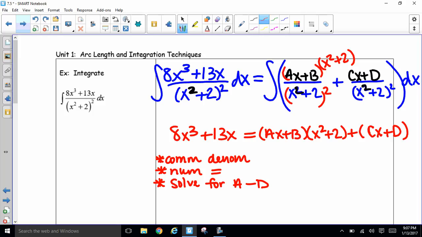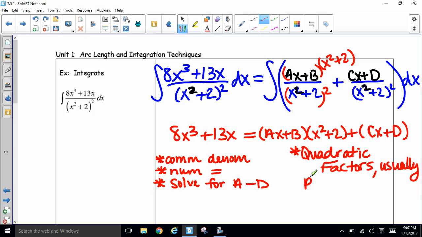The algebra on that one to find A, B, C, and D, since they are all quadratic factors that I worked with. Well, if these are all quadratic factors, usually plugging in isn't as helpful, or isn't as efficient.